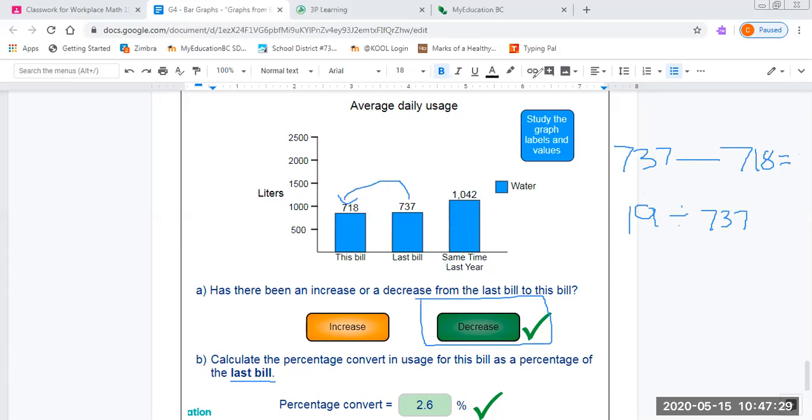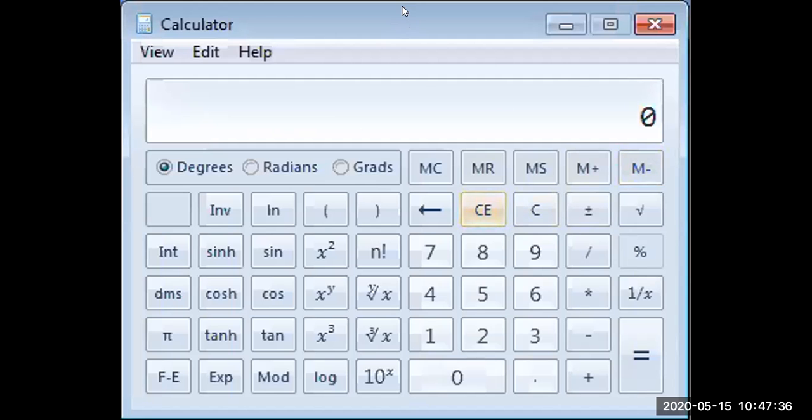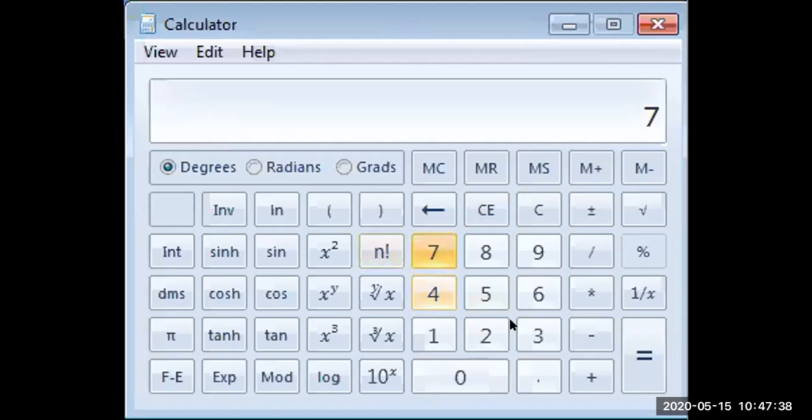So let's take a look at how we plug that into our calculator. So I'm going to firstly figure out the difference between 737, which was last bill, minus the new bill's amount, which was 718. So the difference is 19 that we said before. We're going to then divide by not this bill's amount, but last bill, because we're comparing to the last bill.